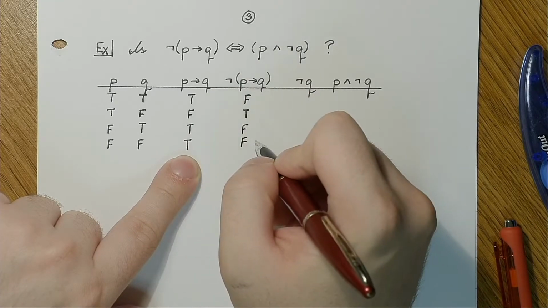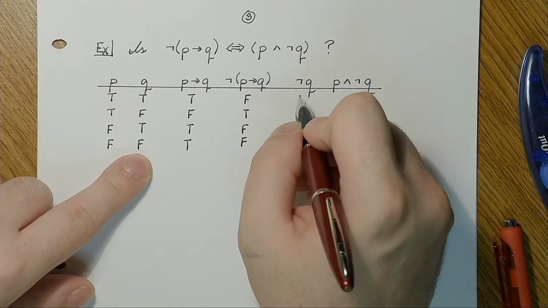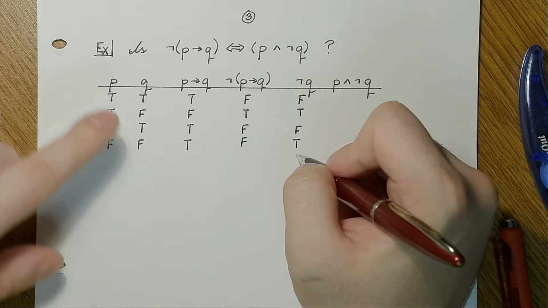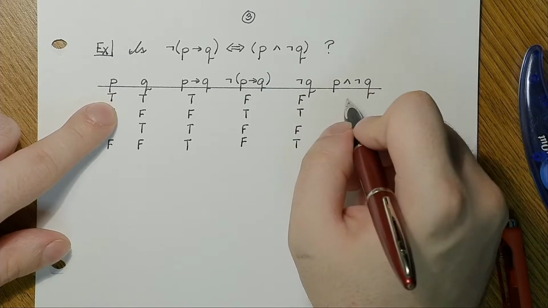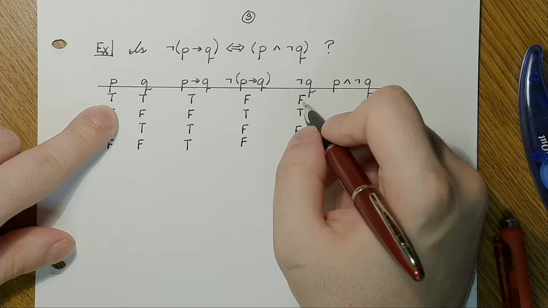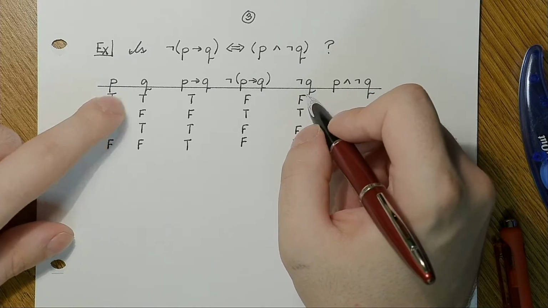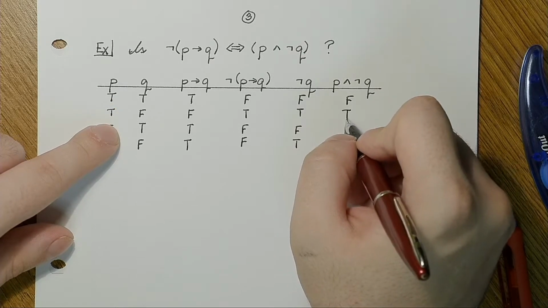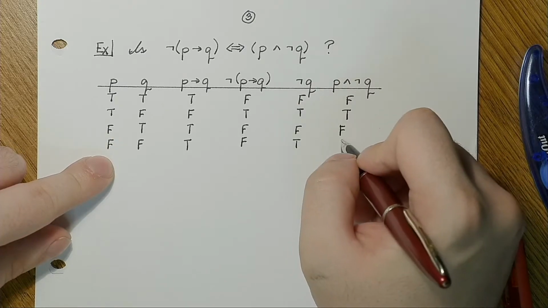And then I take this column and flip it, so it becomes false, true, false, true. And lastly, I'll take this column and this column and do the and. It has to be both true to be true, otherwise it's false. So this is false, this is true, this is false, and this is false.